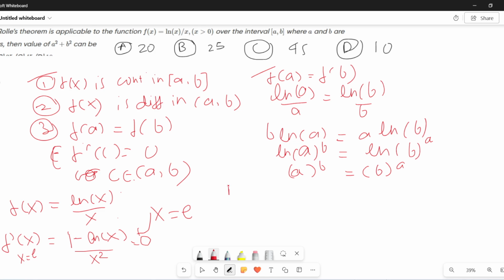For a = 2, ln 2 / 2, and for b = 4, ln 4 / 4, it will become ln 2 / 2.